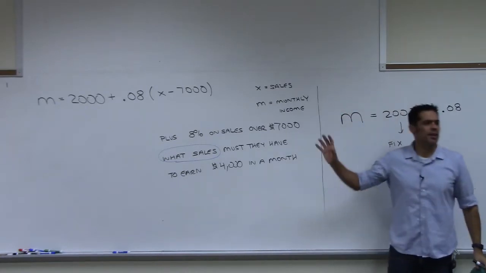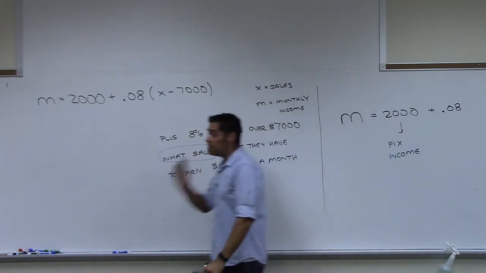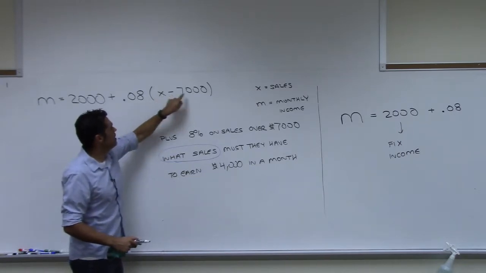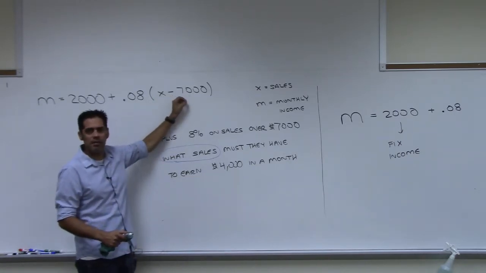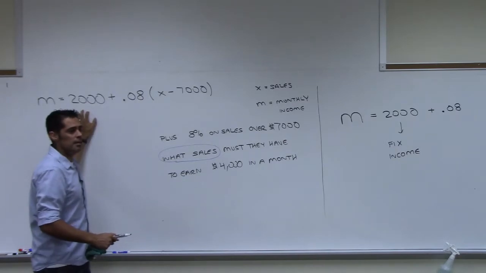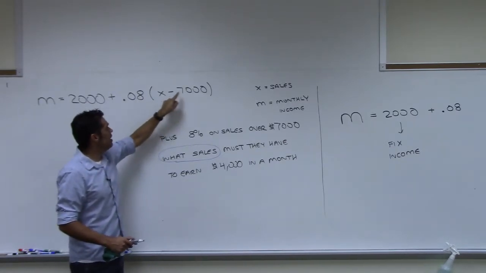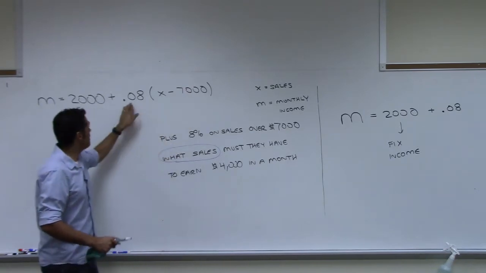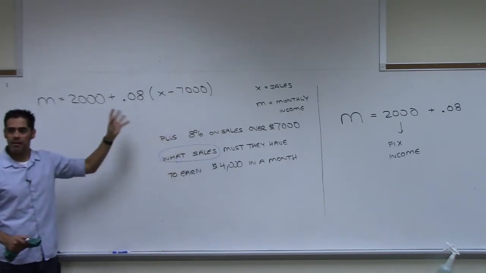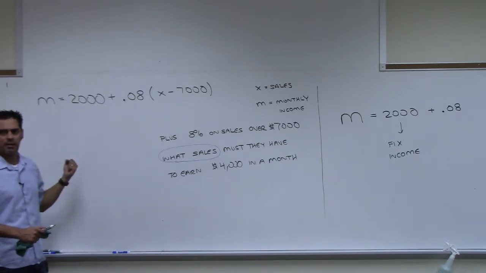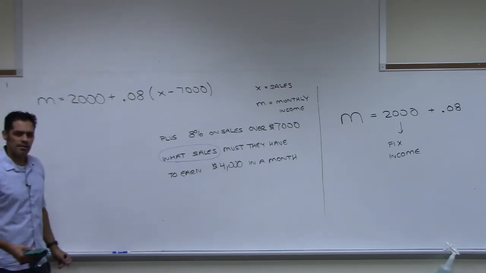So does this make sense? If they sell $7,000 worth of phones, 7,000 take away 7,000 is 0. Then they're still going to make their 2,000, right? But if they sell $8,000 worth of cell phones, 8,000 minus 7,000 is 1,000. They'll make 8% of the 1,000. Do y'all see how that formula accounts for that 7,000 that you have to take out at the beginning? Does that clarify that?